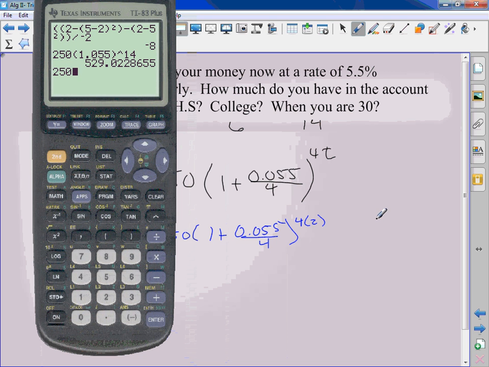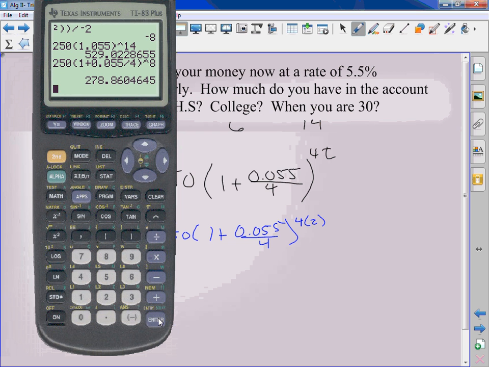So I have 250 times 1 plus 0.055 divided by 4, caret 8. 4 times 2. So this means $278.86. It only went up 40 cents for that one.